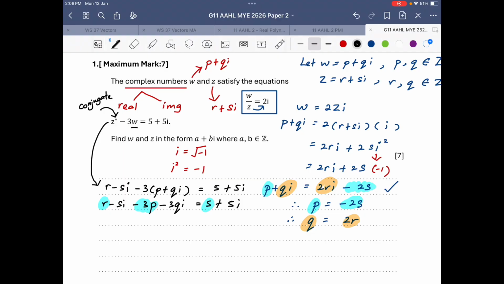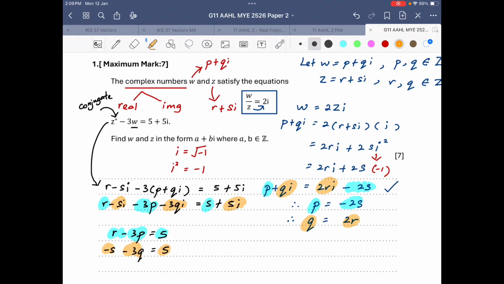R minus 3P equals 5. The imaginary part with i must be the same. So minus Si minus 3Qi, let's just ignore the i and take the coefficient of it: minus S minus 3Q equals 5. That is the second equation form.